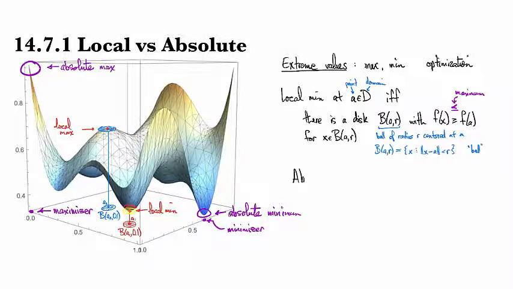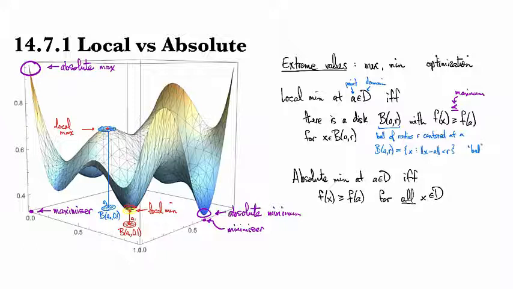There's an absolute minimum at some point a in the domain if and only if f of x is at least equal to f of a for all points of the domain. That's probably a little more intuitive.